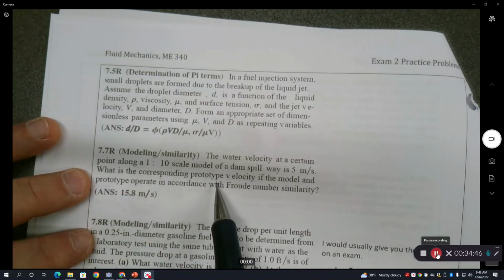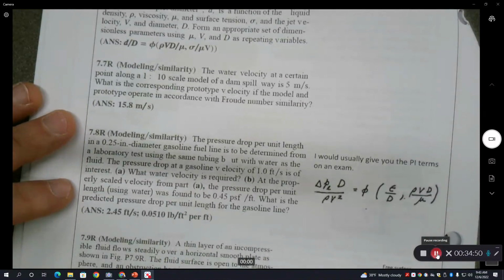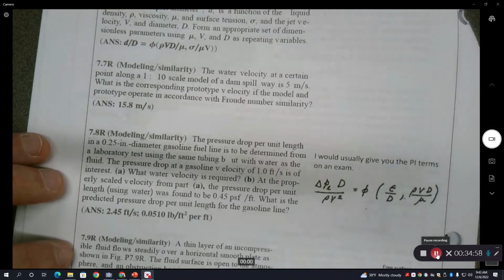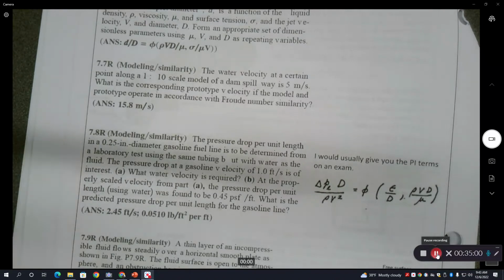Yeah, but this next one right here, 7.9 R. If I remember right, in the Buckingham Pi homework that we did, only one of the 3 problems had you actually find an answer.